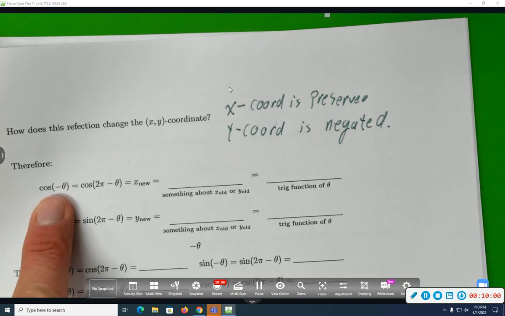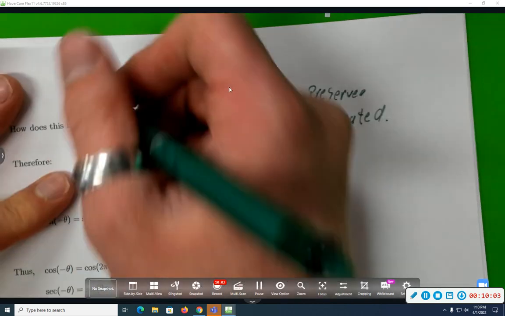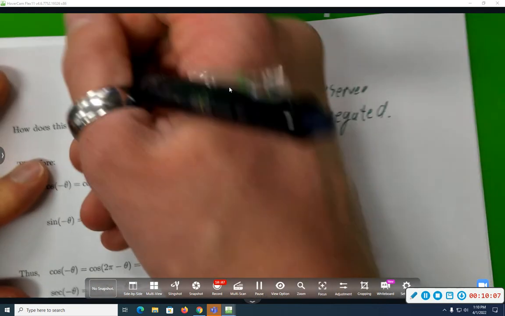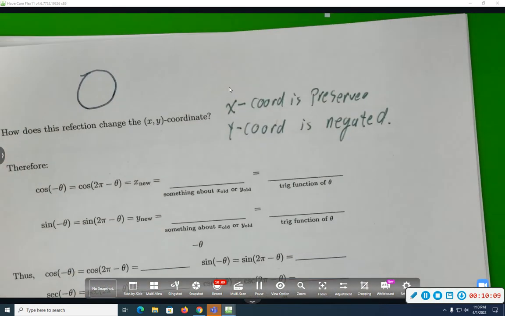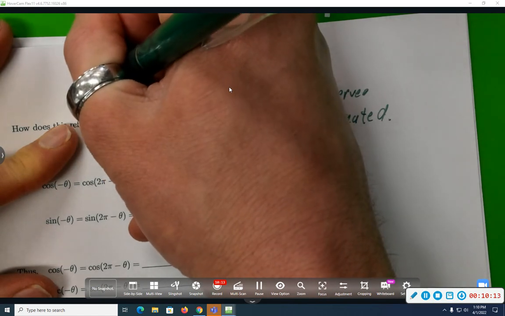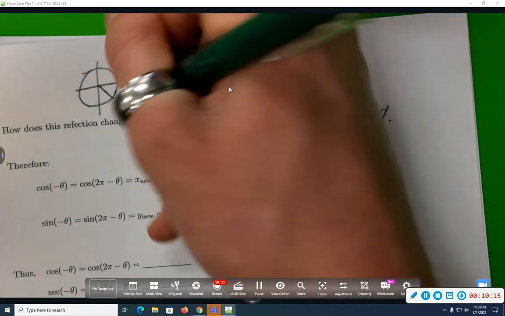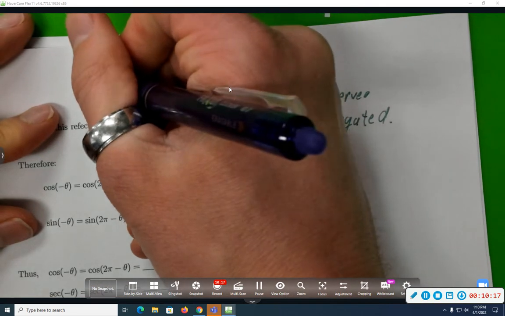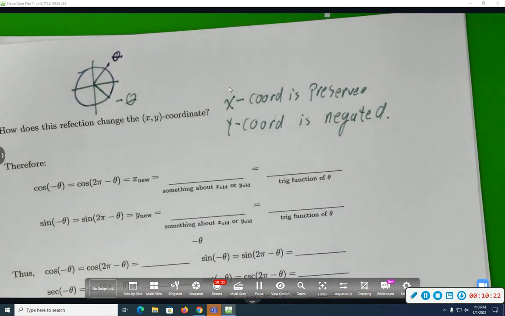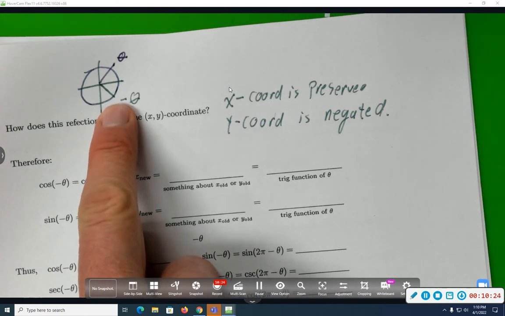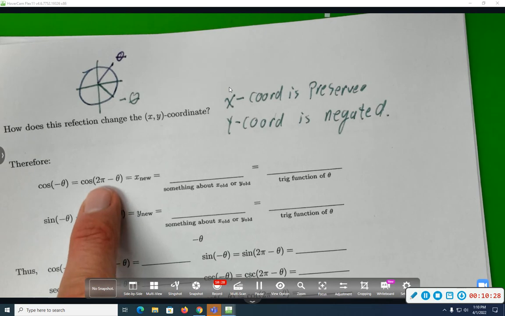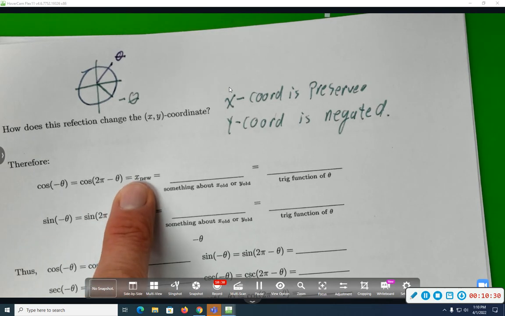So cosine of negative theta, so that's like a circle. There's negative theta. There's theta. So if I want to think about cosine of negative theta, I want the x-coordinate at the end of the green line. So that's like the new x-coordinate.